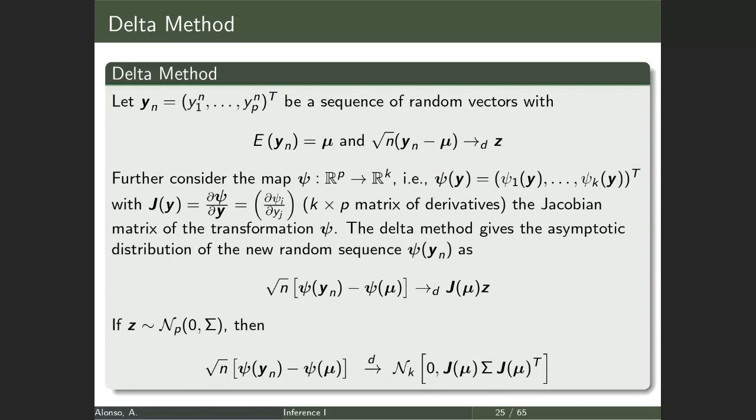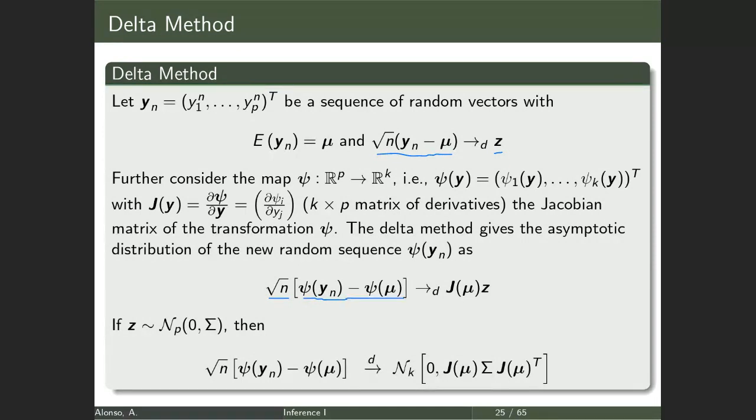Now, suppose that you're interested in the distribution of the transformed data. You know that for the original data, the square root of n times (Yn minus mu) gets closer and closer to the distribution of Z, whatever the distribution of Z is. But now I transform my data, and I'm going to construct the same type of variable: the square root of n times (psi of Yn minus psi of mu).